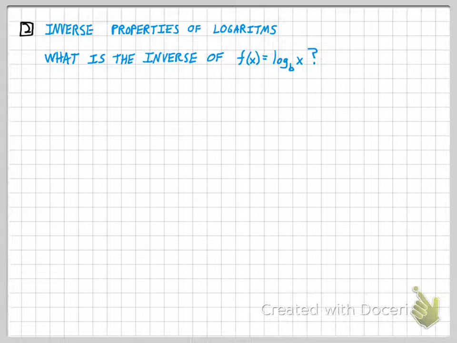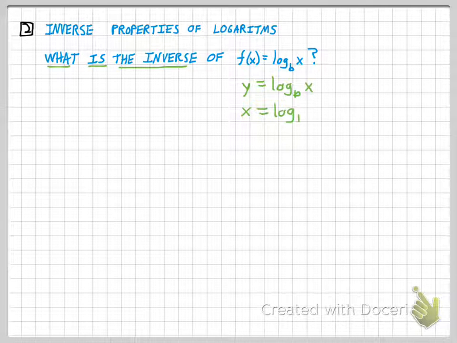Alright, box 2, we're going to talk about the inverse of a logarithmic function. We're going to start by asking, what is the inverse of f of x equals log base b of x? Hopefully you remember the process for finding inverses. We make it a y equals expression, flip-flop our x and y, and then solve for y.